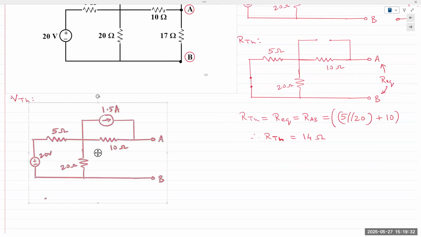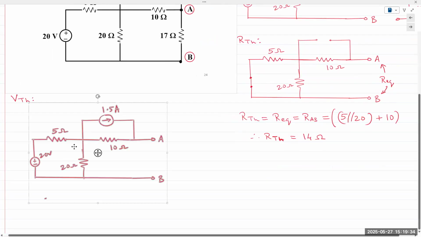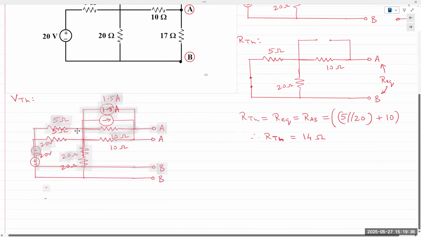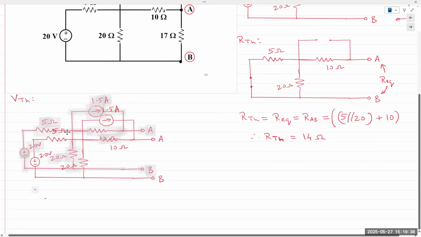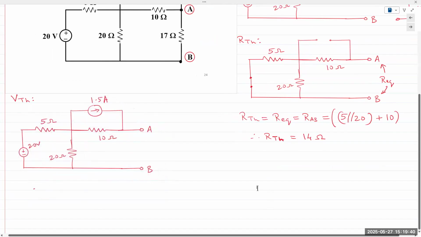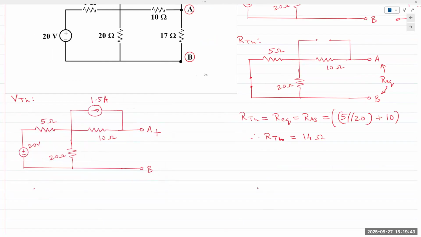For Thevenin voltage, we have to have the same circuit again. And this time, we keep the terminals open. I'm going to choose a polarity this way, plus minus. It does not really make a difference what you choose. But my Thevenin voltage, VTH, is VOC.